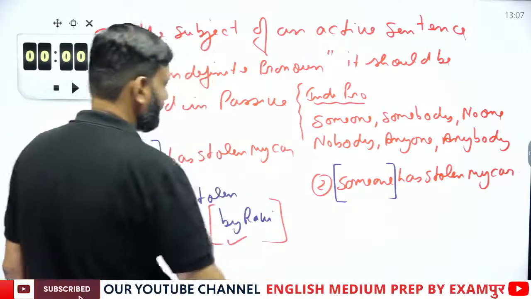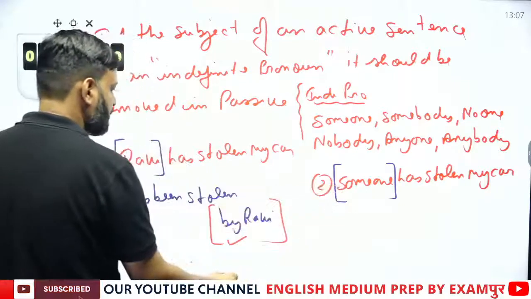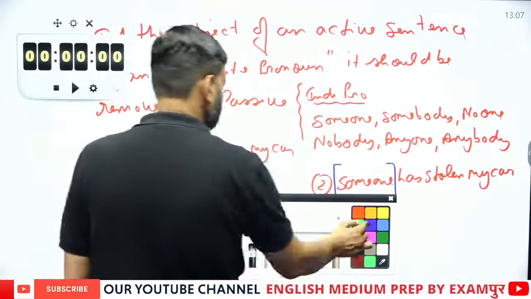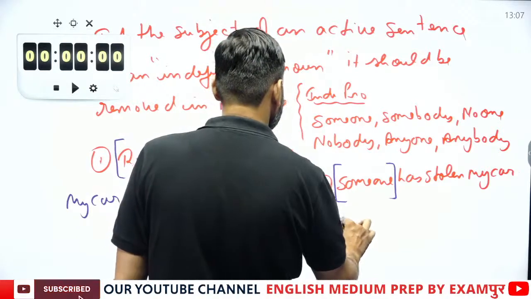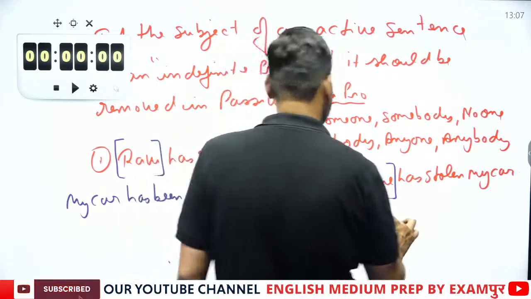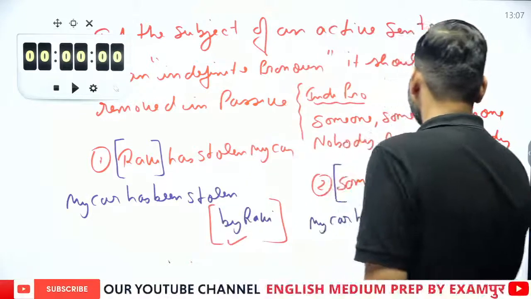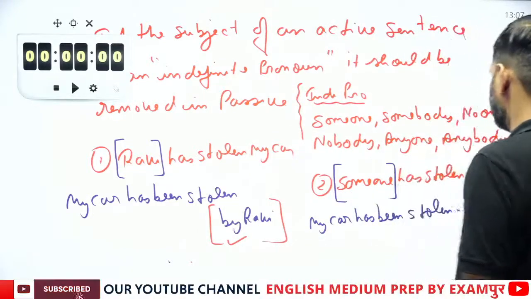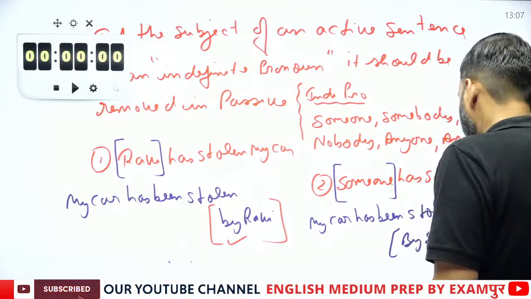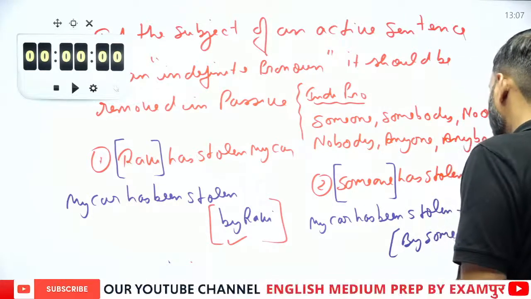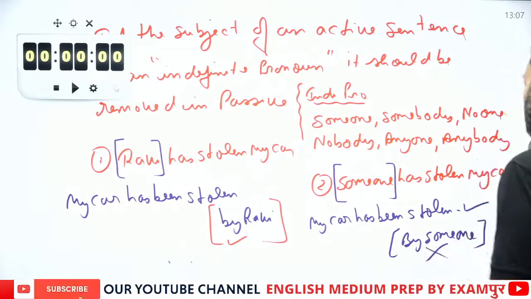This is correct. But if we change the other sentence into passive, it will be: my car has been stolen. Just this much. If I write by someone, it is considered wrong.